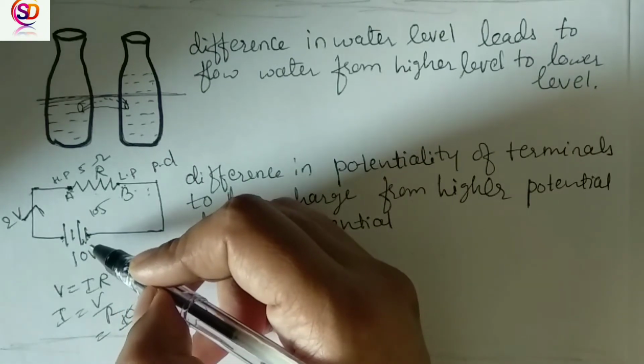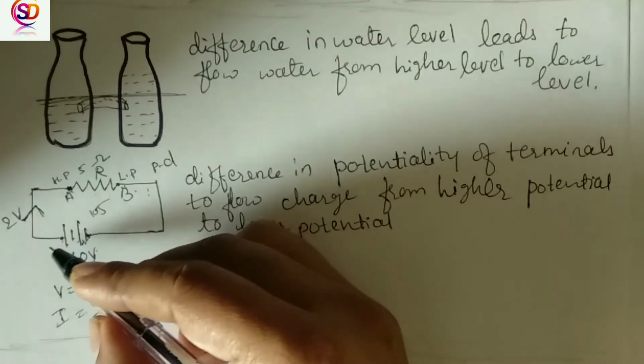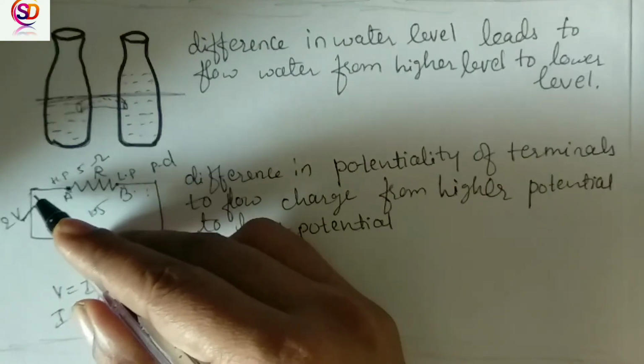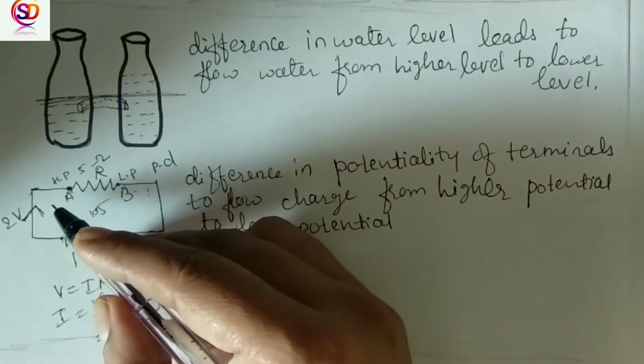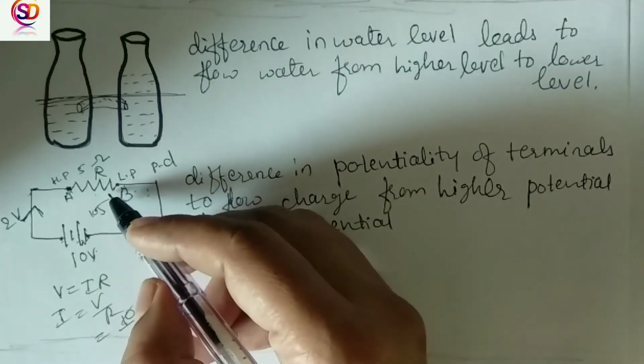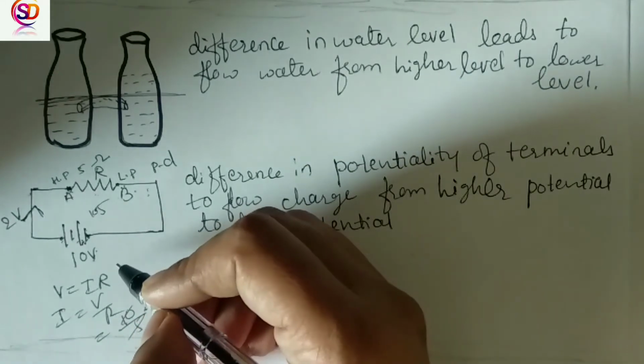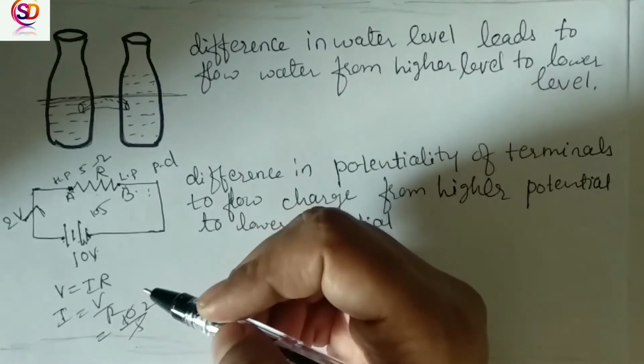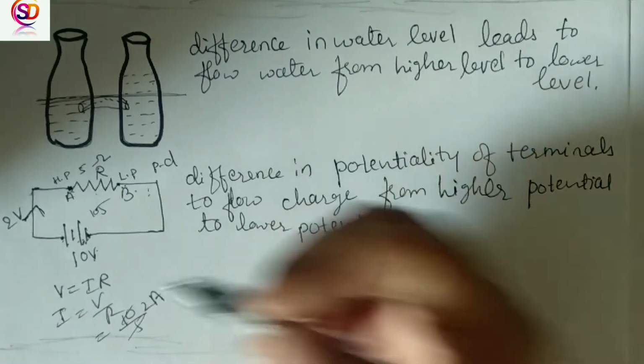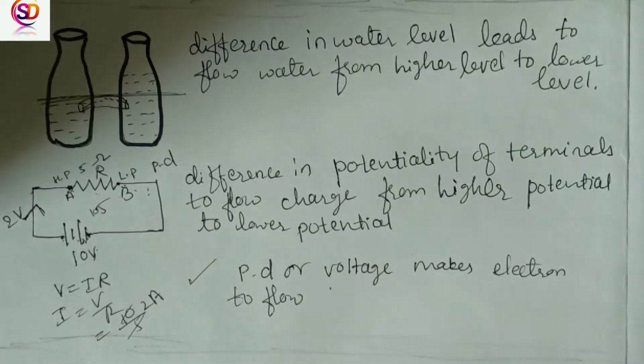Now the battery will give 10 joule of energy again to the Coulomb charge to start its journey again. So the difference between potential difference and EMF is like this.